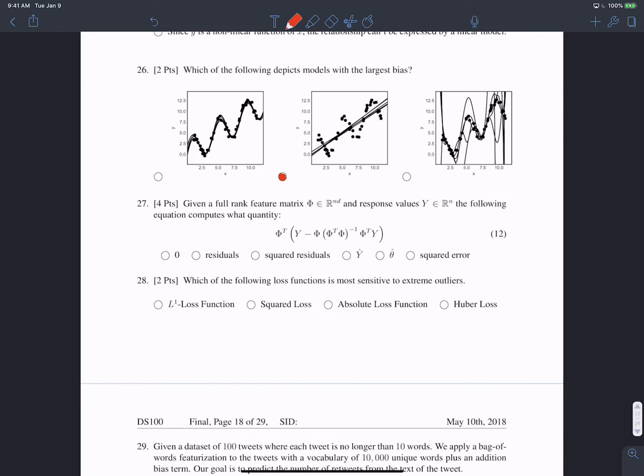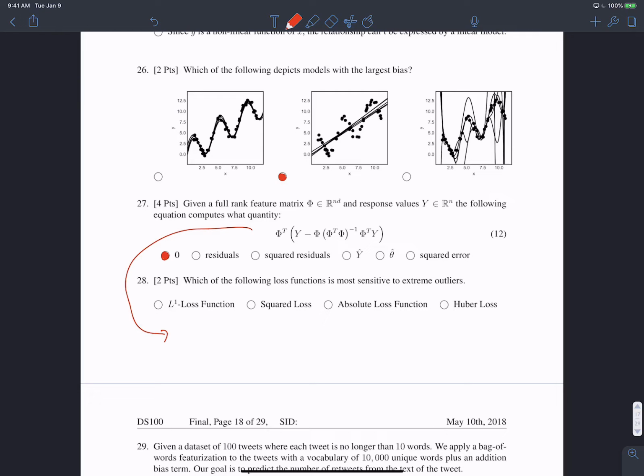27, given a full rank feature matrix phi and response values y, what does the following equation compute? And so we'll go over a derivation of it now, but what it actually computes is 0. Okay, and so why is that the case?